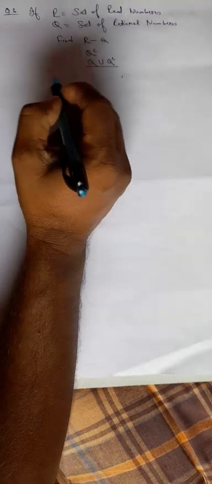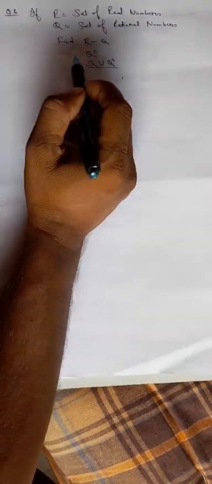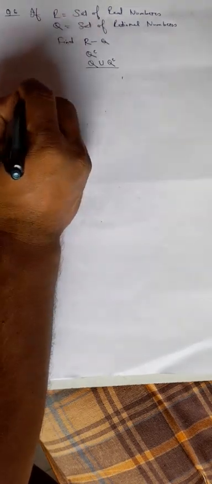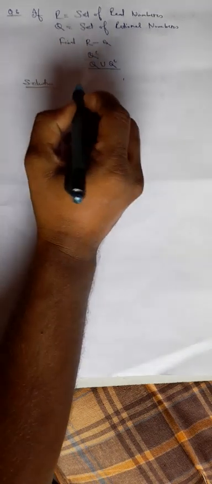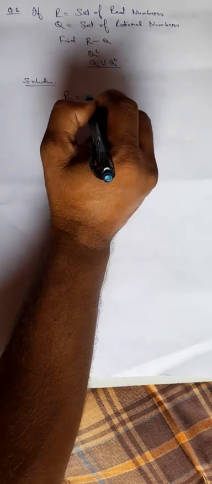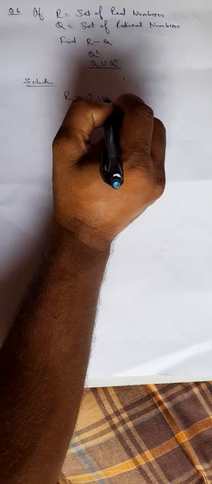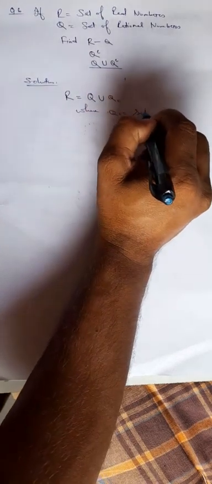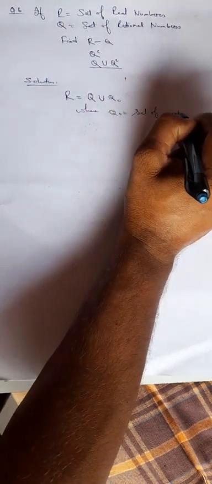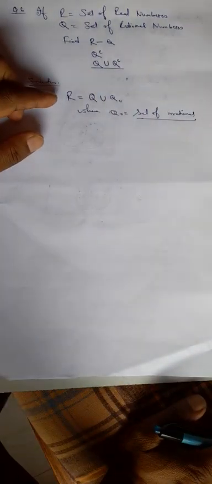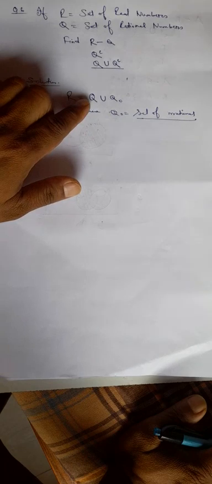Now let us try to solve question number 6. If R equal to the set of real numbers, Q is the set of rational numbers, find R minus Q. Now you see, the set of real numbers is the union of Q and Q naught, where Q naught equal to the set of irrational numbers.